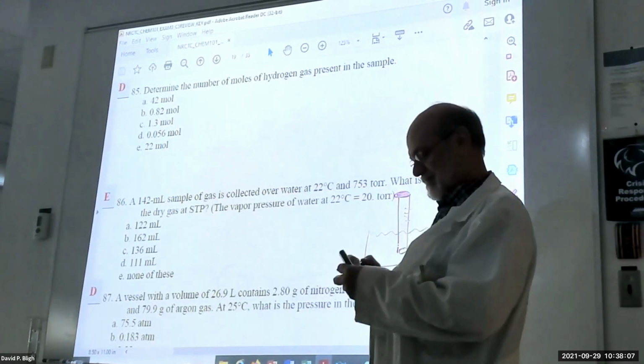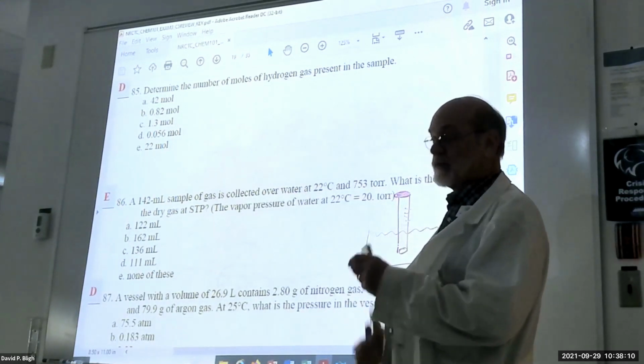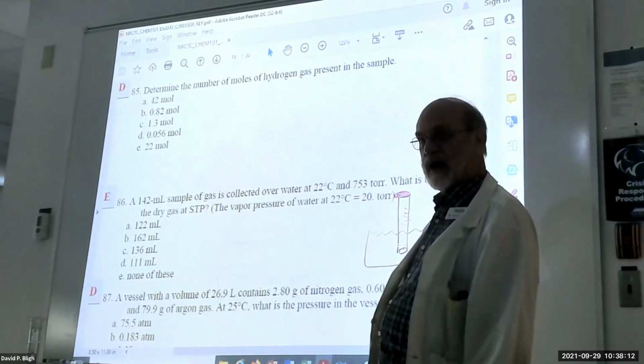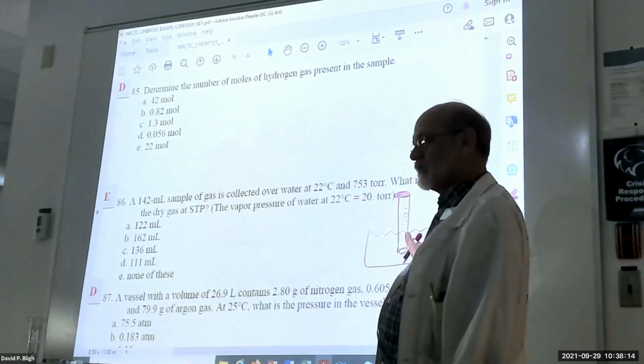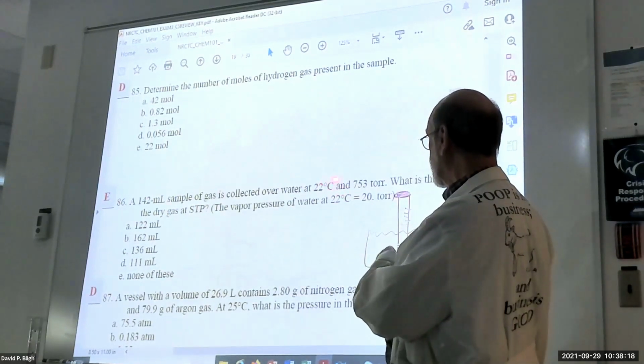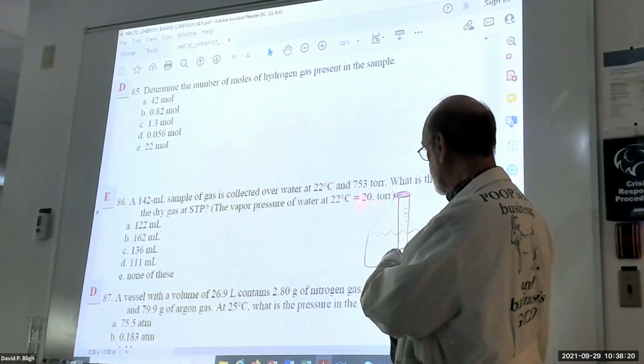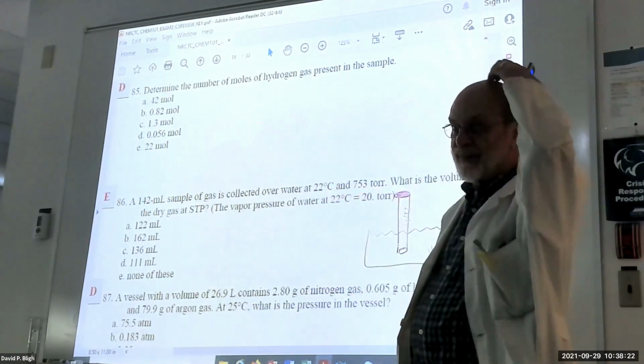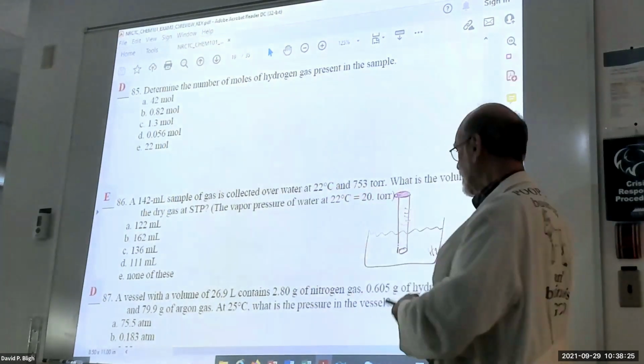But not a vacuum. Why? Because water is volatile to a certain extent. At 22 degrees, it will produce 20 torr pressure into a vacuum.